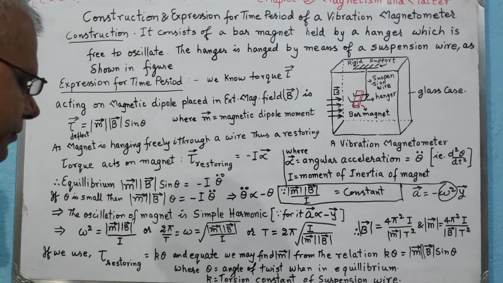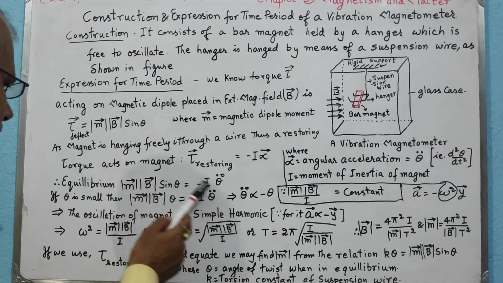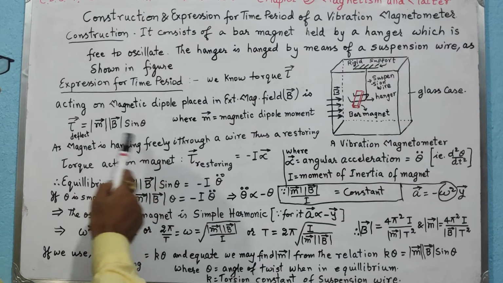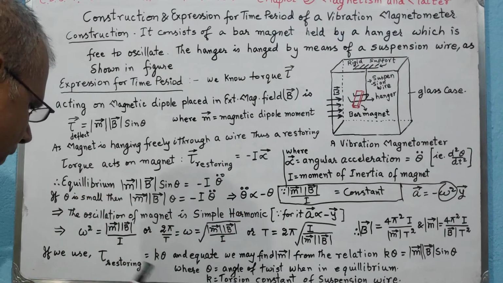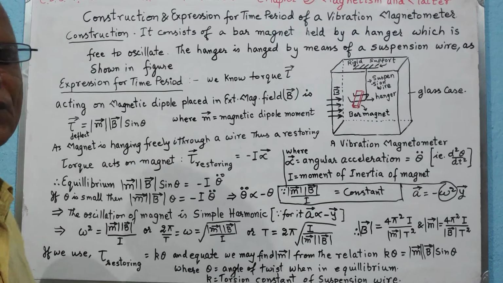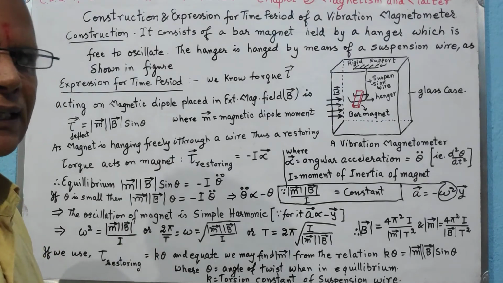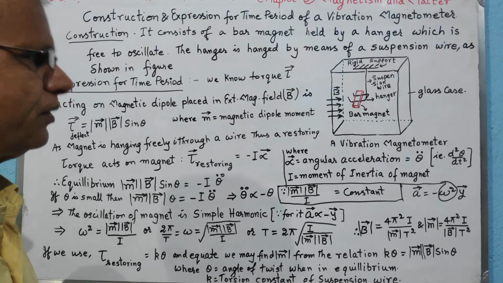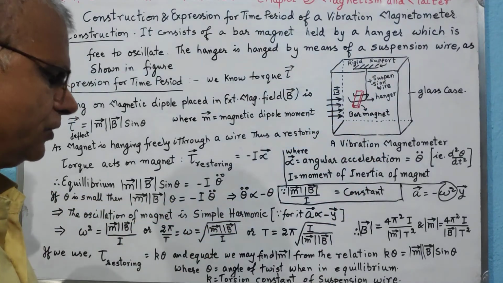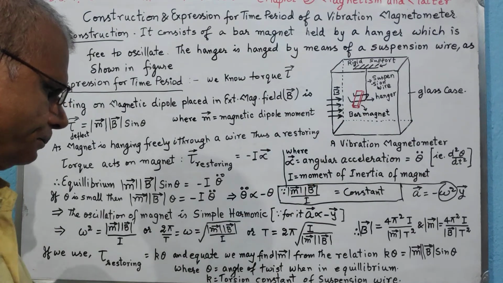Well, another method we can adopt is using the expression for restoring torque as minus I alpha. We can also take it as k theta, where theta is the angle of rotation for equilibrium and k is the torsion constant for the suspension wire used to suspend the hanger.